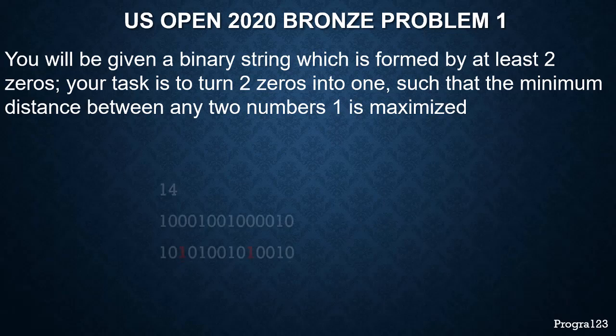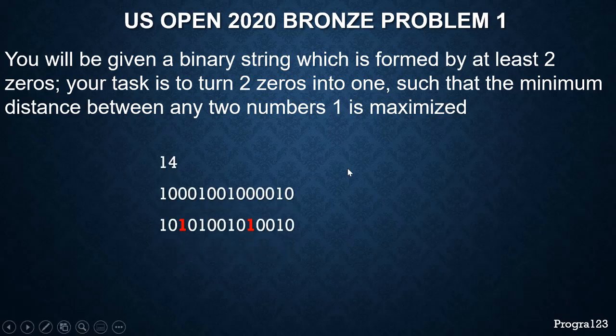Okay, so we have this example test case, which is a string of length 14. As you can see, in the original string, without converting zeros into 1s, we have a minimum distance of 3, which is between these two 1s. So we have a distance of 1, 2, 3.